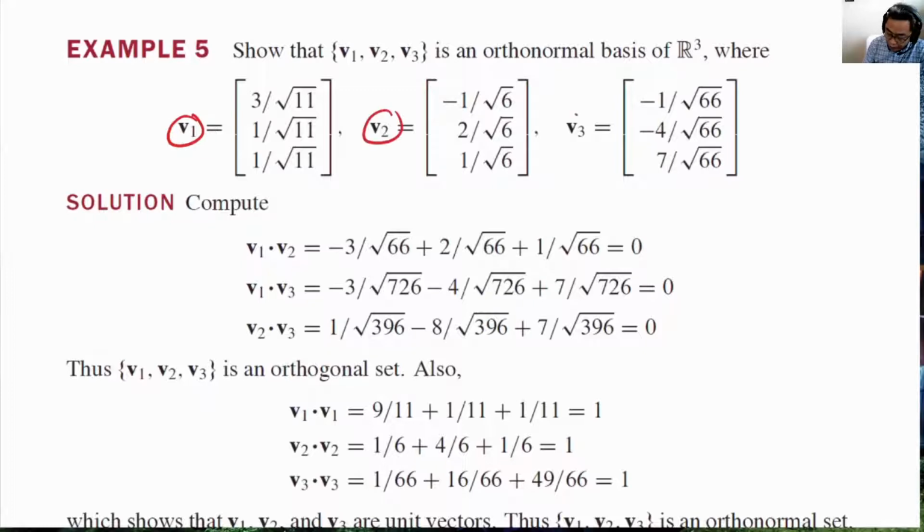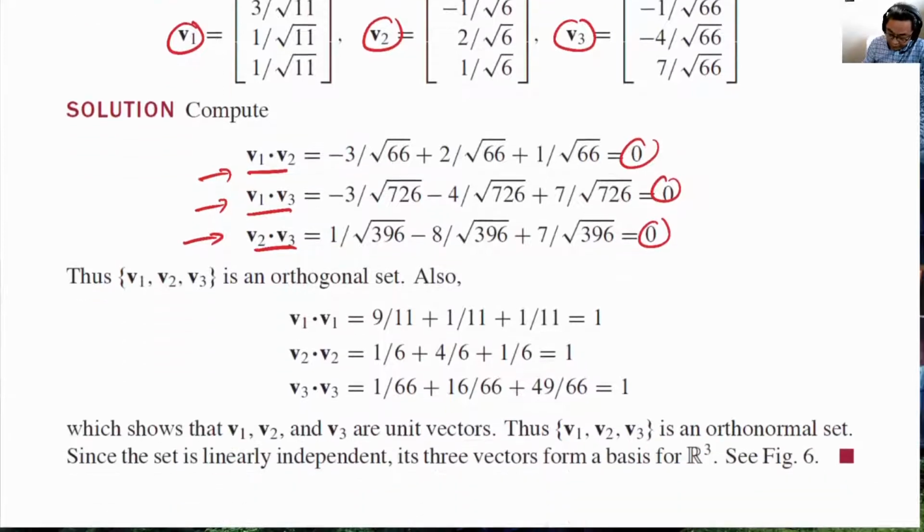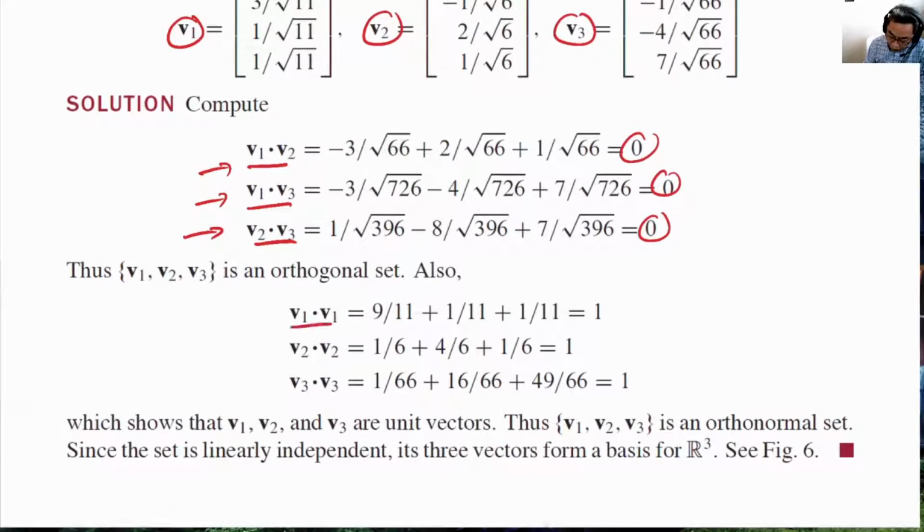For v1, v2, v3, first we want to prove that they're an orthonormal basis. We have to first prove that they're orthogonal by computing the dot product between v1 and v2, v1 and v3, and v2 and v3. That means all possible pairs. If the results are 0, they are orthogonal, then we can now find whether they are orthonormal.